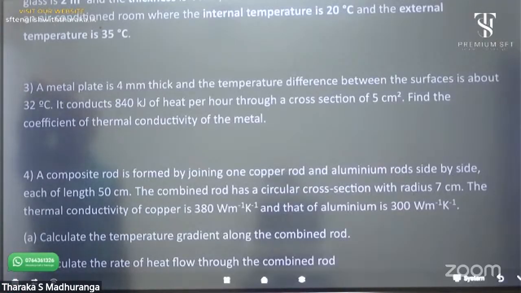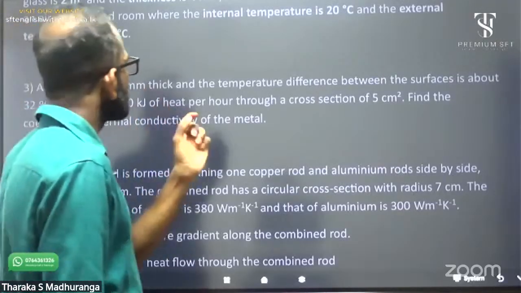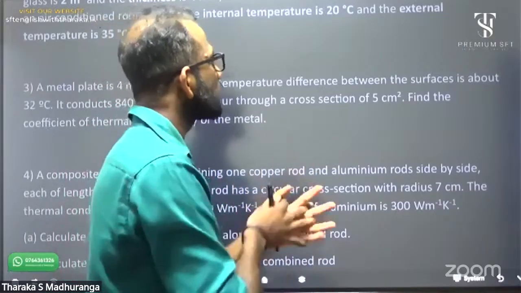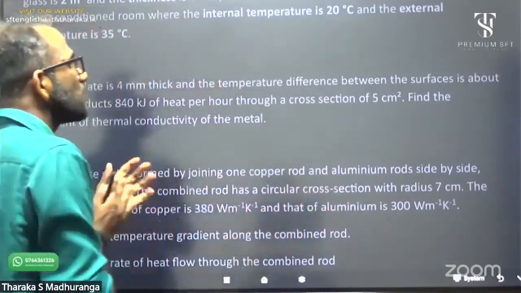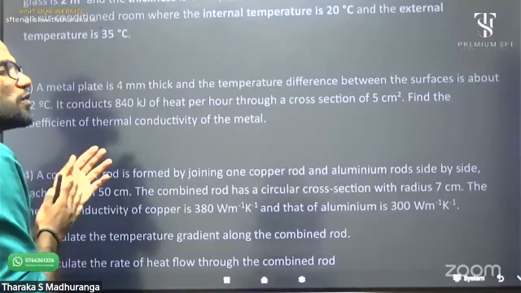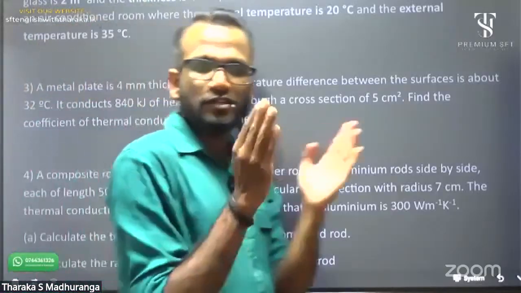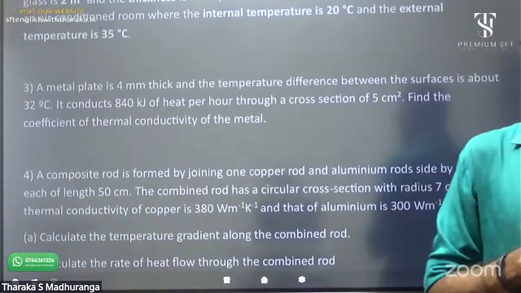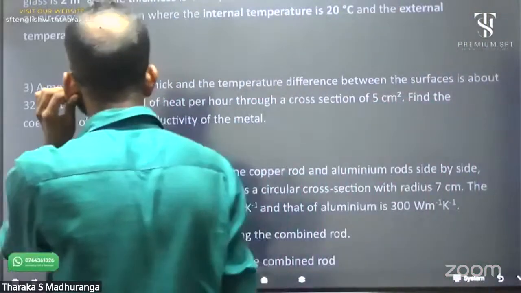The metal plate is 4 millimeter thick and the temperature difference between the two surfaces is about 32 Celsius.